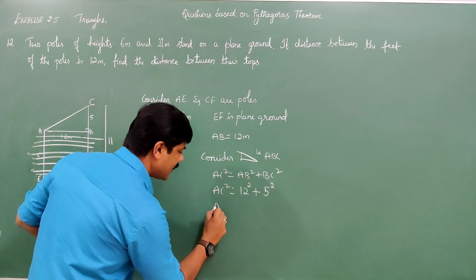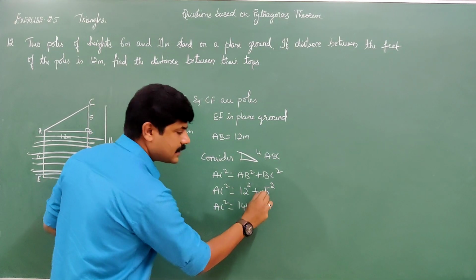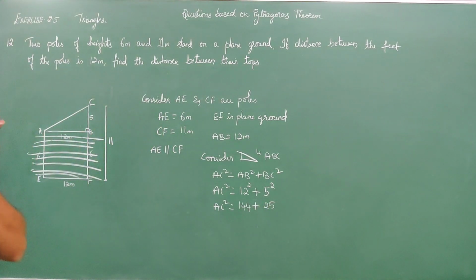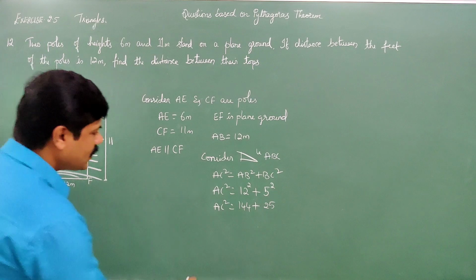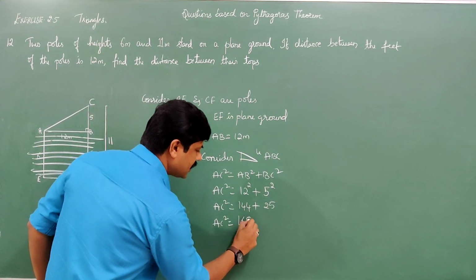Now AC square is equal to 12 square, which is 144, plus 5 square, which is 25. 144 plus 25 is 169.